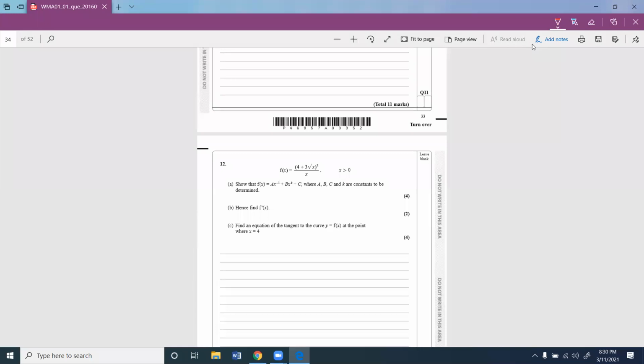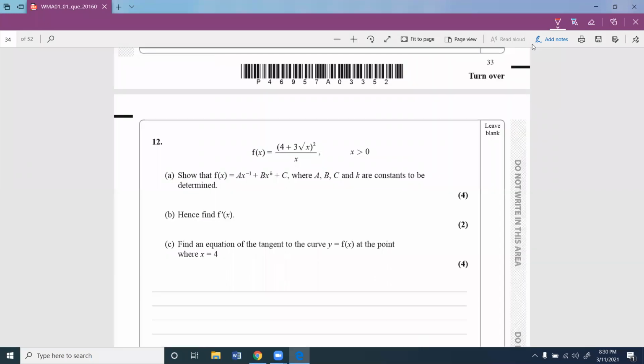Now, show that f(x) equals this much, and determine the value for this much. So anyway, if you start with part A, initially what you can do is expand this bracket.